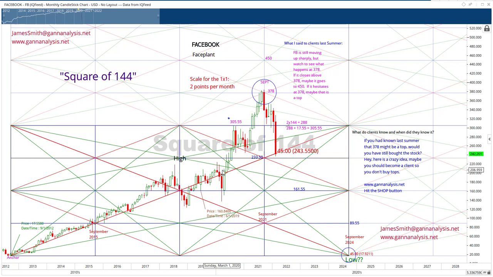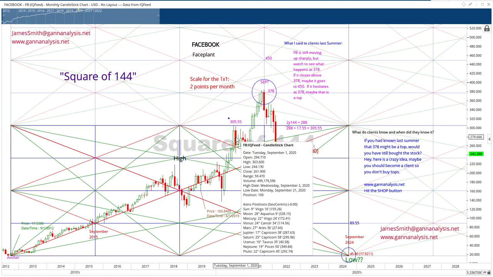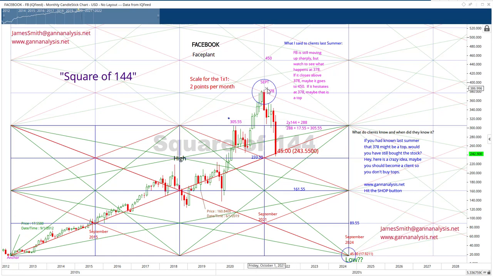And the market is telling you that from a low of 17.55, if you add 288 points, that is an important place to look for resistance. And it did. It gave you a temporary top. The next higher level gave you the all-time high for this stock. Pretty cool, actually. And now we're taking out the one by one.